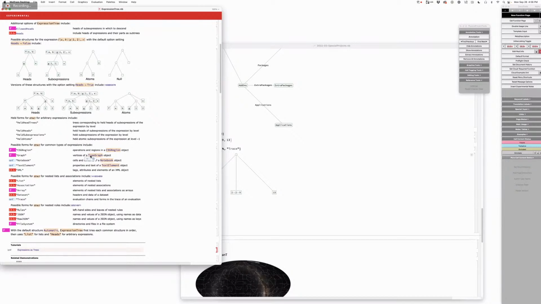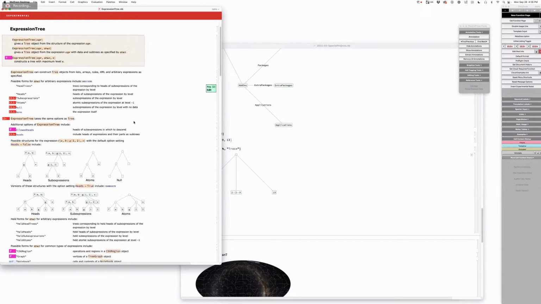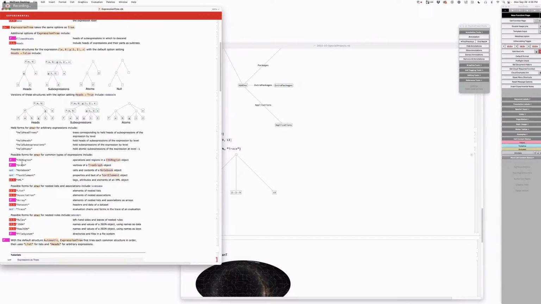What's that? Tree. Well, what's that? Where it says graph? That would be just another way of converting a tree into a graph. It'd be identical to just doing tree graph of the tree. But this thing here is an expression tree. This is supposed to be a tree. What's it doing with the graph here?